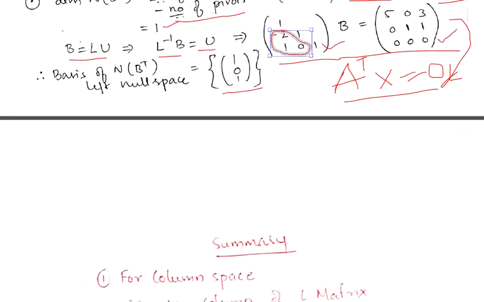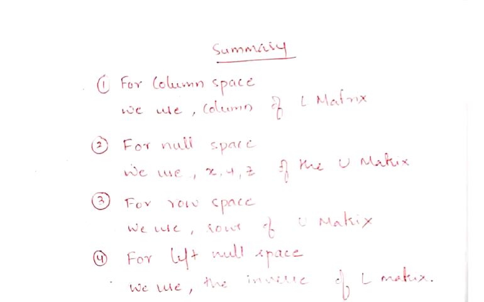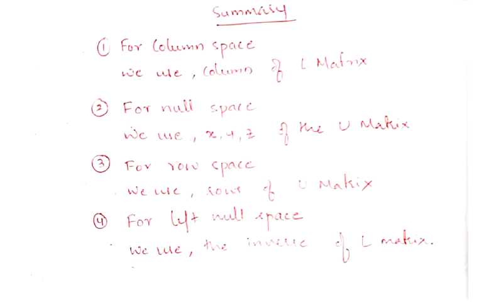Okay. So the summary of this class is, you should remember all these points, to avoid wasting more time on calculating the main matrix and doing other things. For the column subspace, you just need to use the columns of the L matrix. Just find out the pivots and corresponding to those pivots, find those columns in the L matrix.